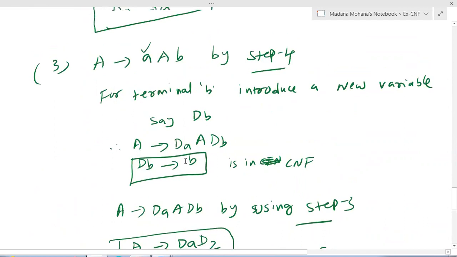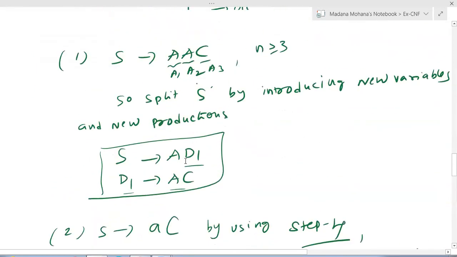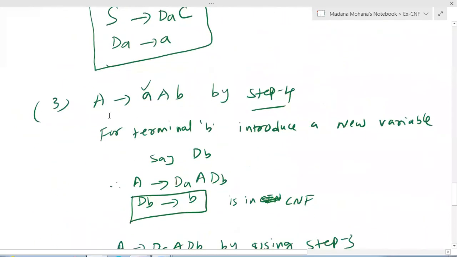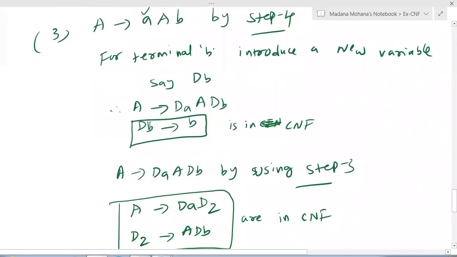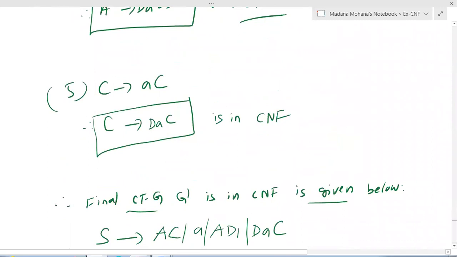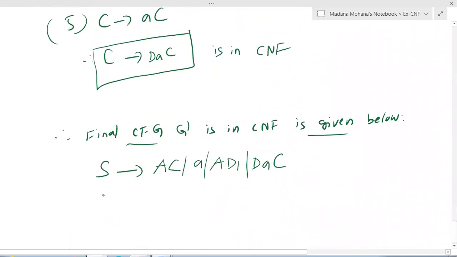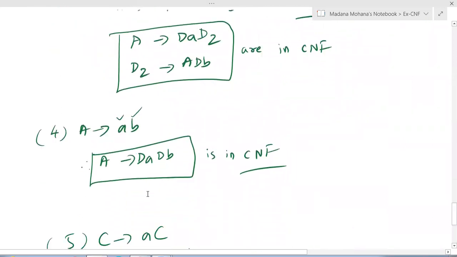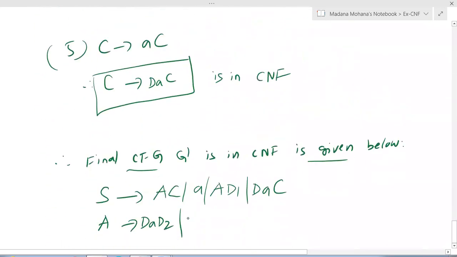So before that, first take down A productions. The new productions of A: A derives D suffix A D2. Now A derives AB also, so D suffix A, D suffix B. Now write down C productions.